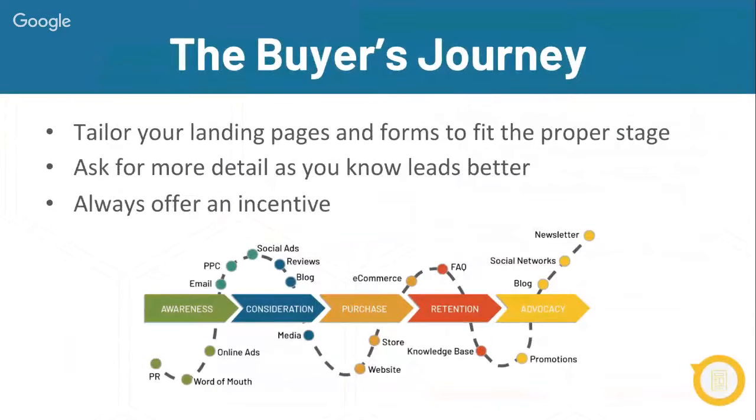This all fits into the buyer's journey by bringing people through awareness, through consideration, and guiding them to purchase. So your landing pages and forms should fit the stage that you're trying to engage people at. If you're trying to reach people in the very first stages of awareness, you're going to ask for less information, and you're going to offer as much utility as you can from a general perspective.